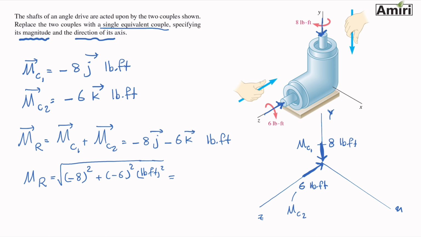If you do the math on this, it's an 8, 6, 10, so it will be 10 pound-feet. So that's the magnitude. And you see this right here, I didn't put an arrow because it's a magnitude. This one has an arrow, that means it's in vector format. So magnitude, we found it, 10 pound-foot.